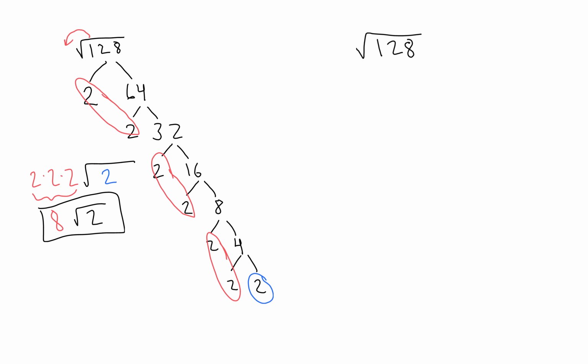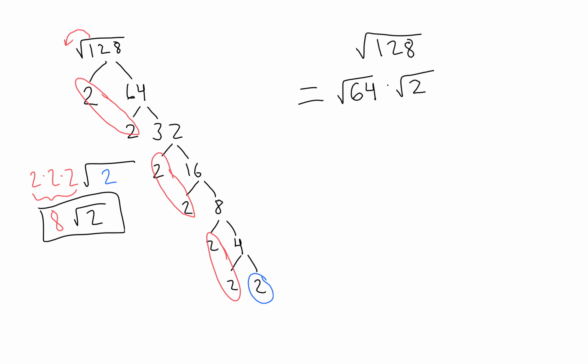Way 2, what I'm going to do is I'm going to factor 128 into 2 square roots, but I want one of them to be the biggest perfect square I can find.